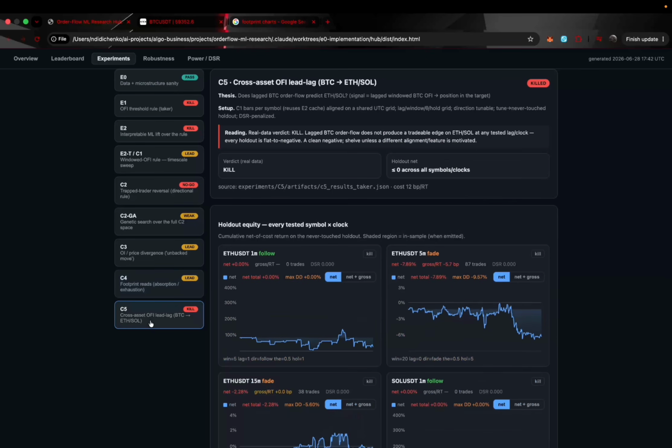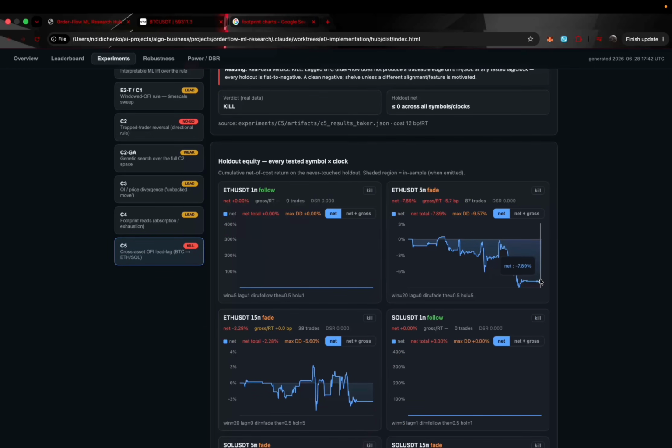And the last one is cross-asset order flow imbalance lead lag. That's basically C1, but instead of reading BTC order flow and trading Bitcoin, you select Ethereum or Solana. That idea tries to capture a lag between those assets, because we all know crypto is correlated.